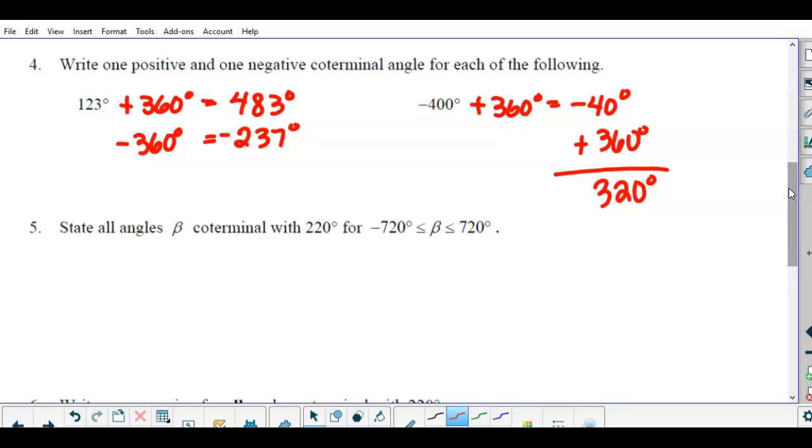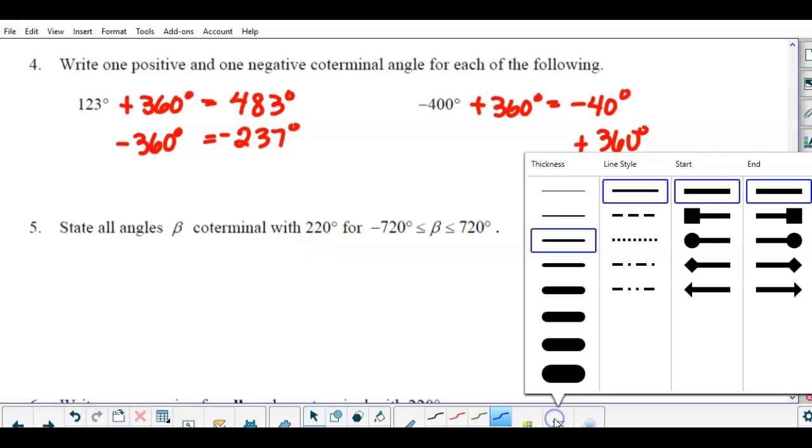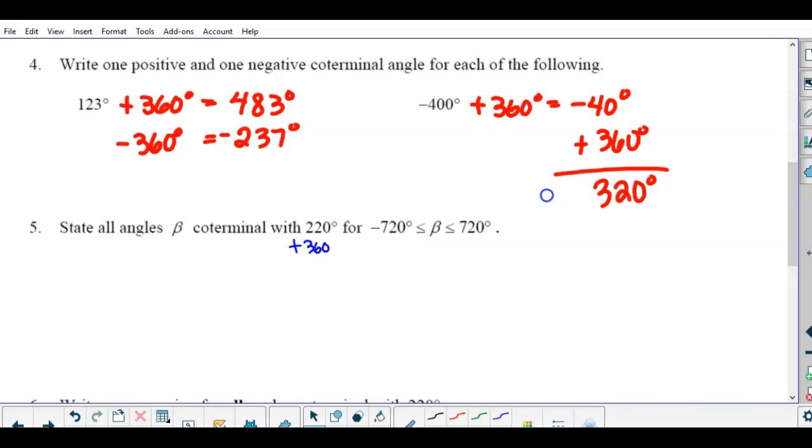Okay, state all angles beta coterminal with 220 between negative 720 and positive 720. So here you could add 360. What do you get? You get 580. If I add 360 again, it's way too big, right? It doesn't fall into that interval of values. So this is one of them, okay? Then I can take 220 and subtract 360.